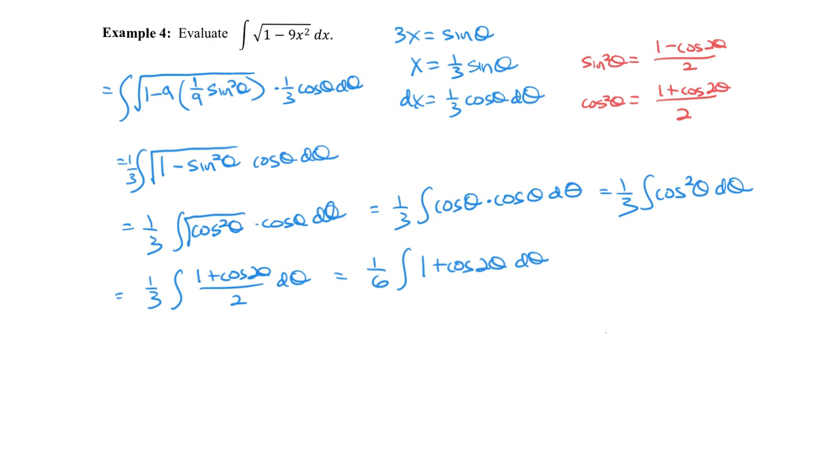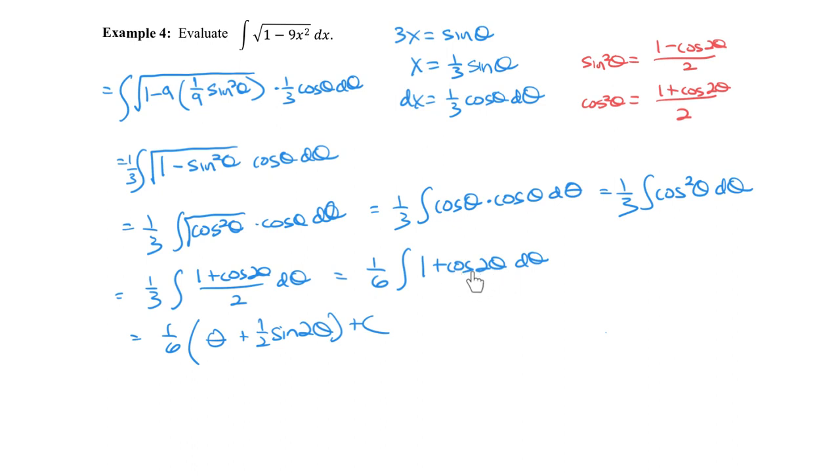Okay, and then from here, we can start integrating. So this is going to give us 1/6. The antiderivative of 1 with respect to theta is theta, and then this will be plus 1/2 sine 2 theta plus c, because I'm integrating this cosine 2 theta.